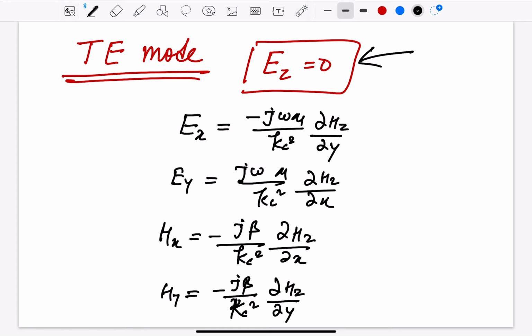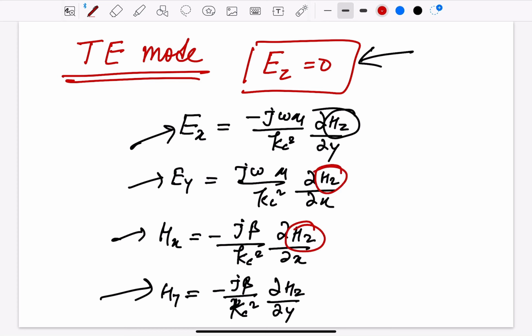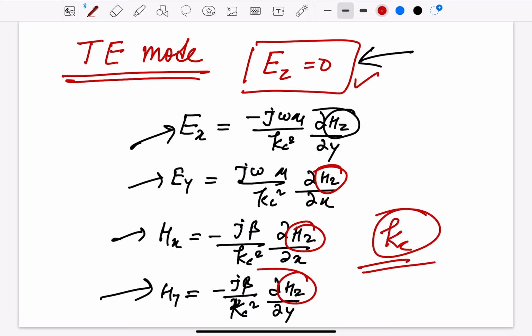Clearly you can see that all these transverse components are defined in terms of Hz, everywhere, because here Ez is equal to 0. So if you can fix Hz, the problem is solved. Another thing is the cutoff wave number, which we saw for the TM mode also. Here the cutoff wave number kc must be non-zero.